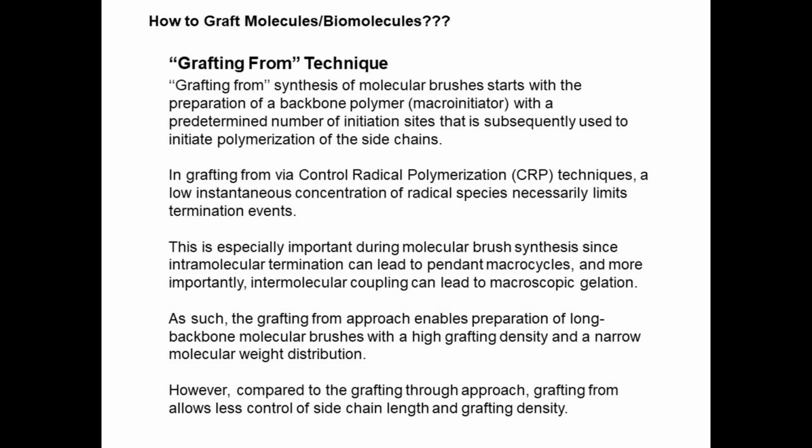As such, the grafting from approach will enable the preparation of long backbone molecular brushes with a high grafting density and a narrow molecular weight distribution. However, if you compare to the grafting through approach, grafting from allows less control of side chain length and grafting density.